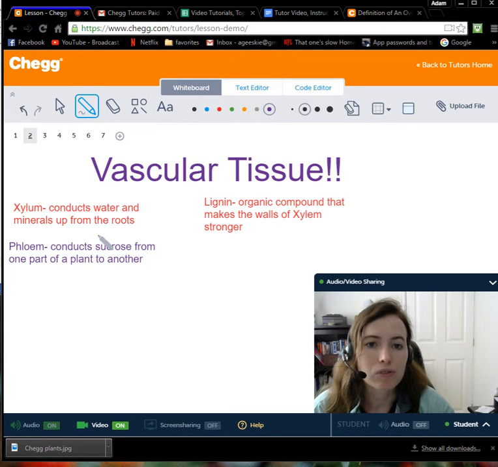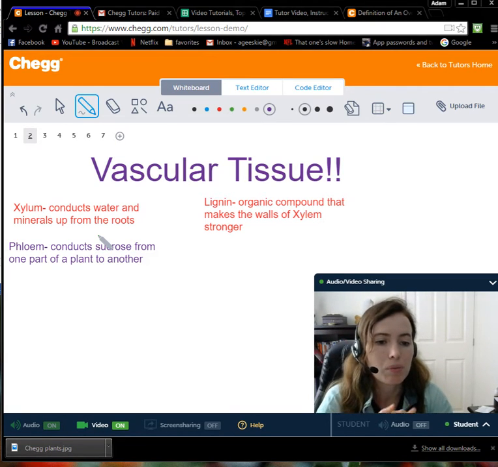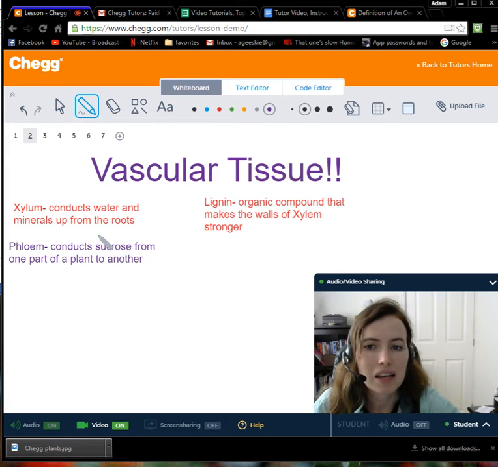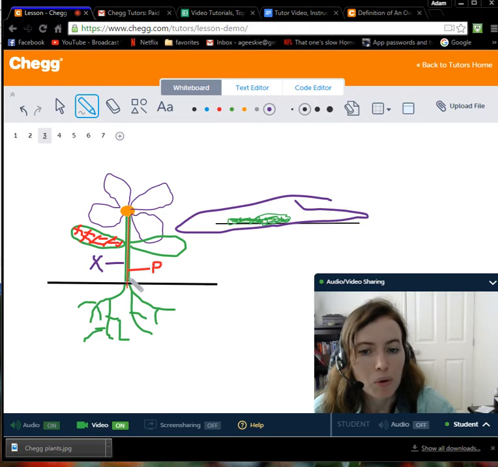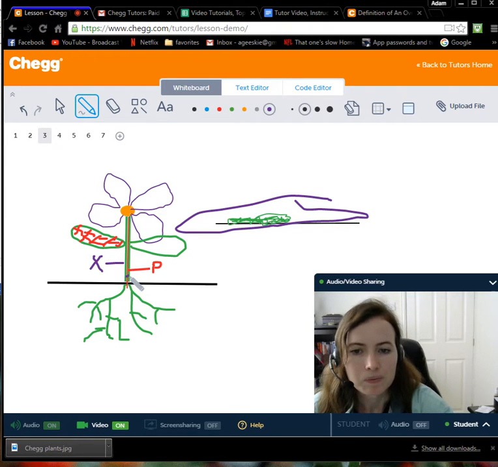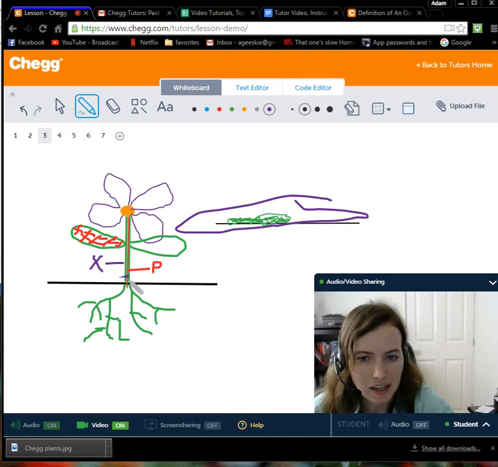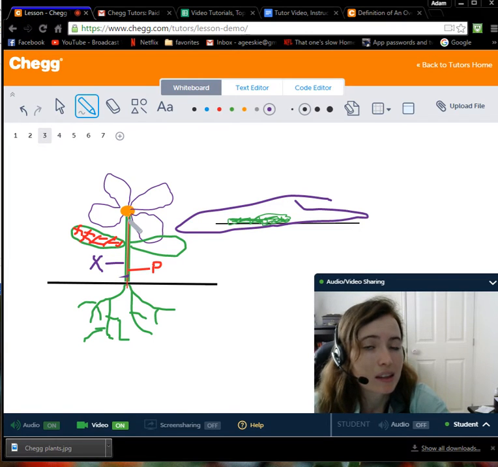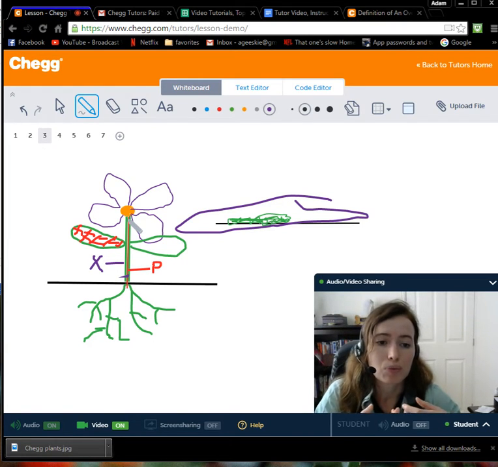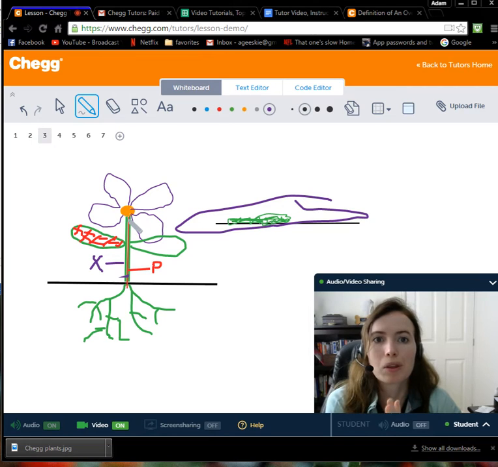Then you have your phloem. The phloem is in the more inside part of the angiosperm, or not just angiosperm, the vascular plants. It's on the inside, and I drew it in red. It's not as strong as the xylem. The xylem is very strong, and a lot of the time it's the bark.